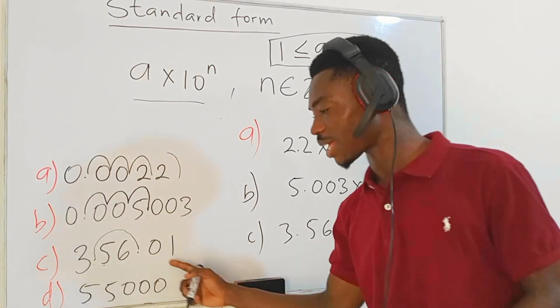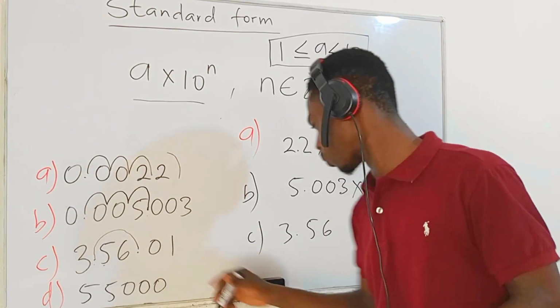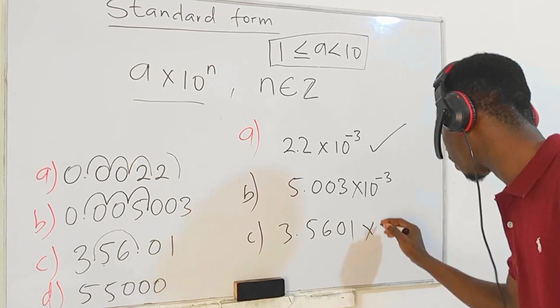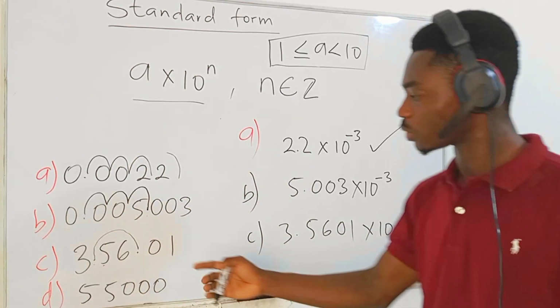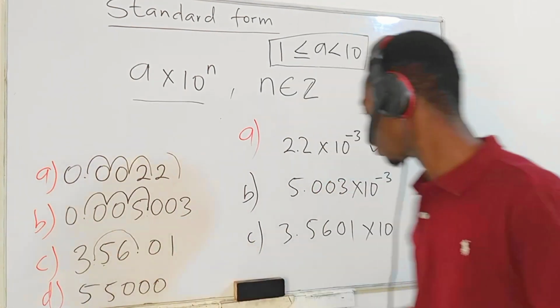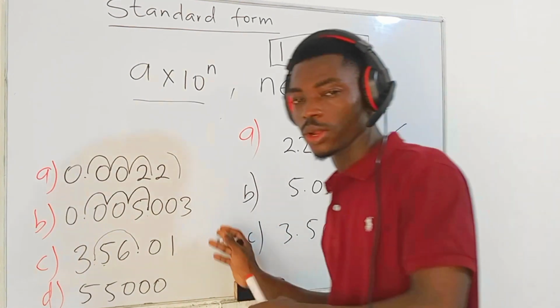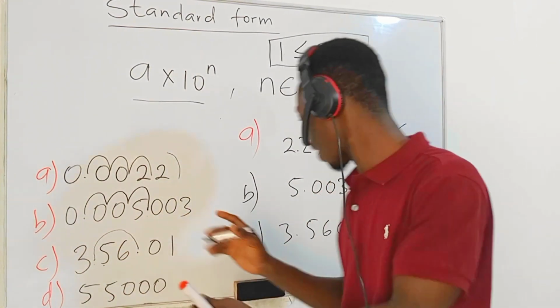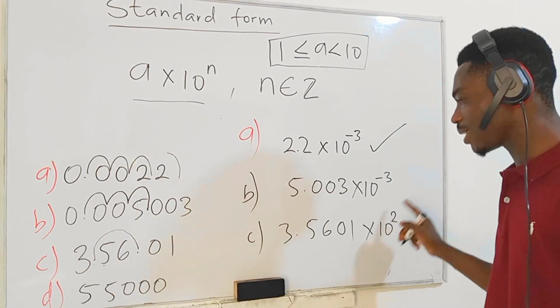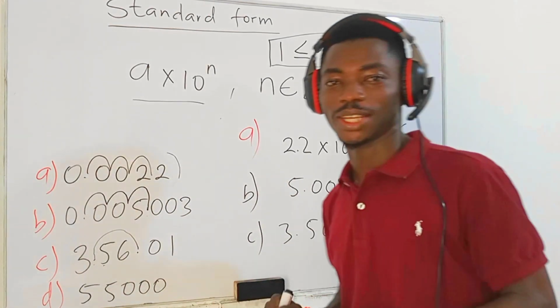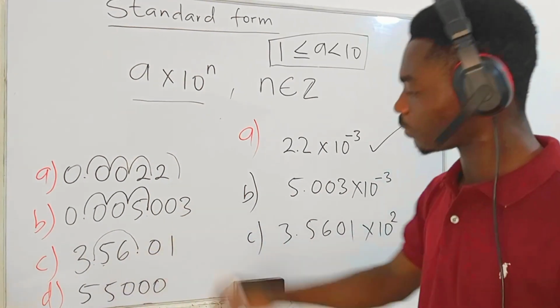And don't forget, these are not 00. We have 01, so we have to add all of them. 01, then times 10 to the power the number of times we moved. We have 1, 2. So we are going to have positive 2 since we are moving from right to left. And remember, if the power is going to increase, then the number right here, which is our A, is going to decrease. So that is pretty much it for C.